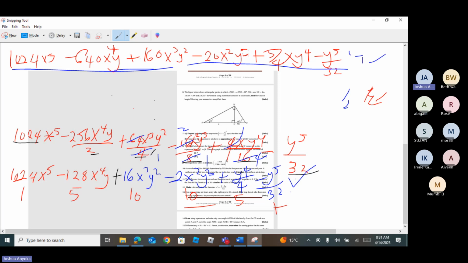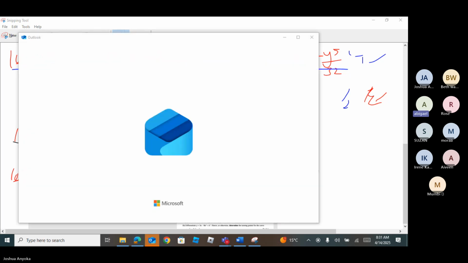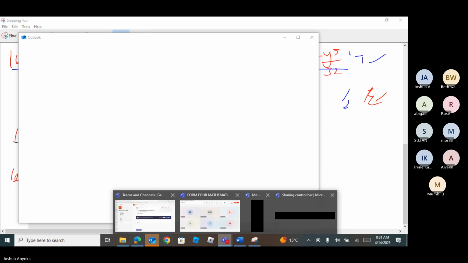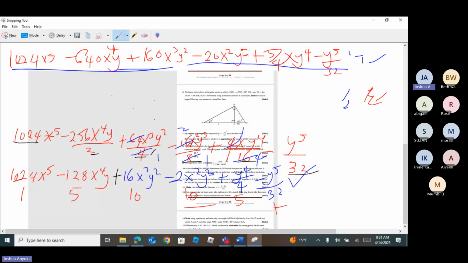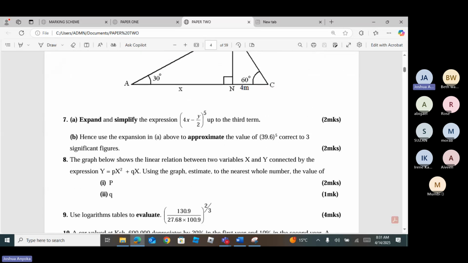Now our second question says evaluate. We are using this one to evaluate. Use your expansion. Hence, use the expansion in A above to approximate the value of 39.6 to power 5, correct to 3 significant figures.